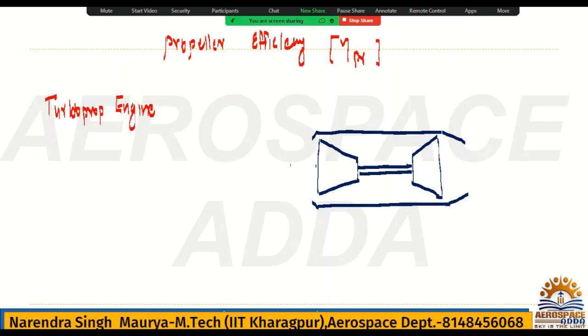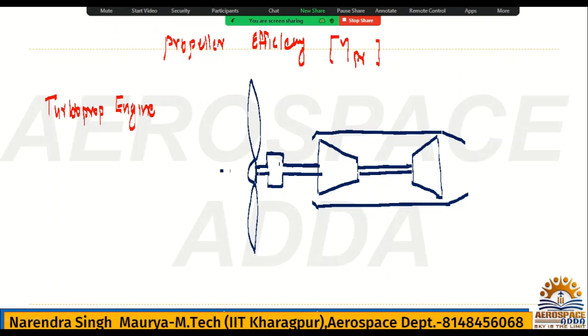Now this is connected. This is the turboprop. Basically, what I wanted to show you, this is called reduction gear.